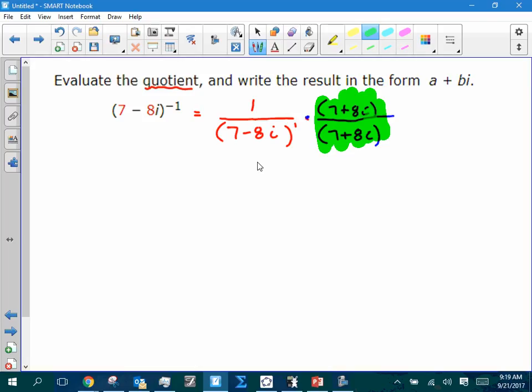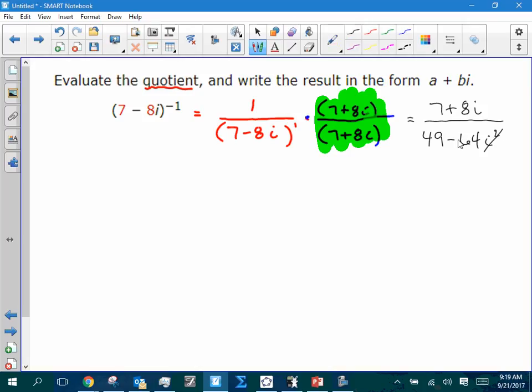All right. But now when I multiply those things, top, pretty easy, is 7 plus 8i, right? And the bottom now, 7 times 7 is 49. And then 8 times 8 is 64. It'll be negative 64. And we got our i squared, right?